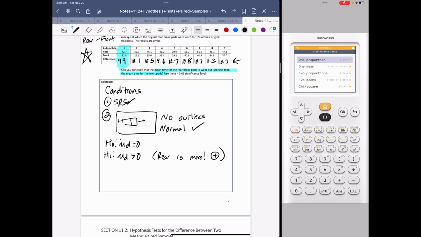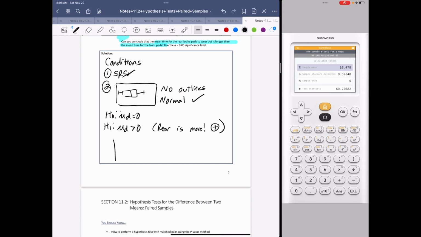I'm going to do a test. I'm going to do one mean, t-test. My null is 0. My alternate is greater than 0. And I'm going to pull in my data set. And it's a 0.05 level. Now, look at your test statistic, how far out that is.